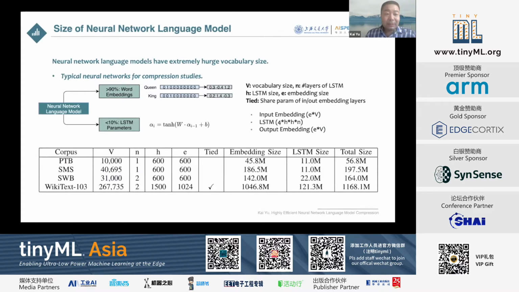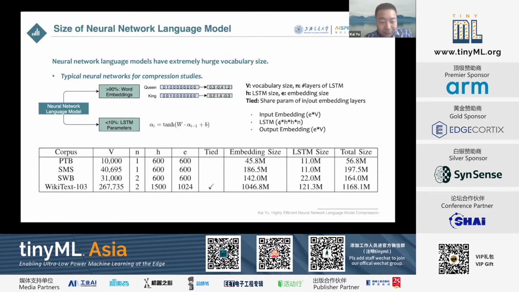If you see the size of a neural network language model, over 90% of it is being used by the word embeddings, and only less than 10% is about the real neural network parameters.